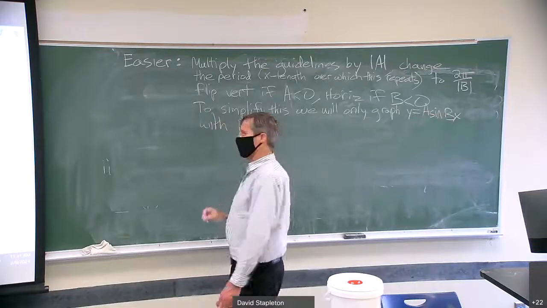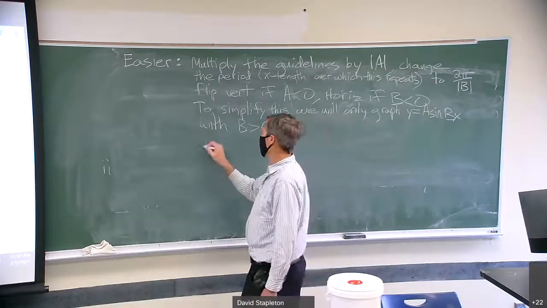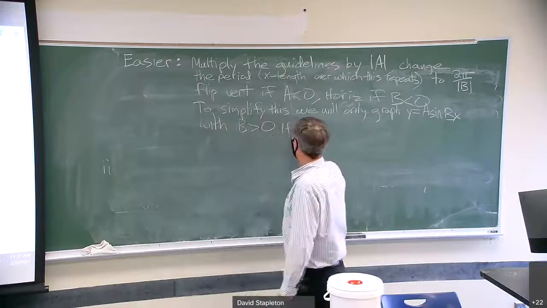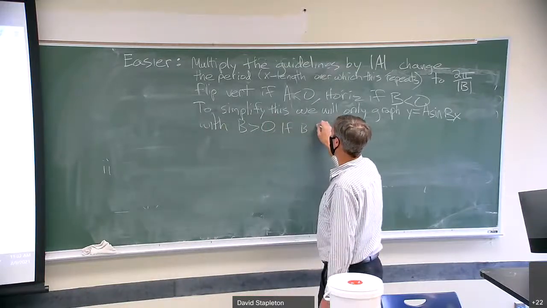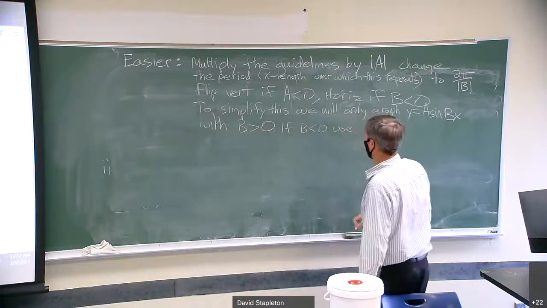Why would we do that? It's because we can always make it so. We'll say if b is less than 0, use the even odd properties to get the minus out.